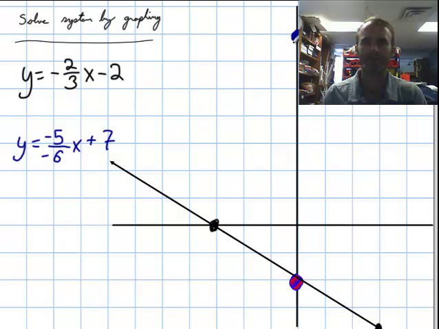So let's rise a negative 5, negative 1, 2, 3, 4, 5, and run a negative 6, negative 1, 2, 3, 4, 5, 6. And let's plot that right there. Okay, now let's graph this.